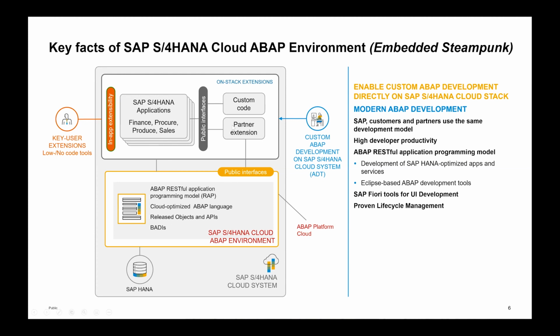So in short, you can develop on-stack extensions, custom code and partner extensions using the public interfaces from applications and the public interfaces from Steampunk, which is now embedded here.